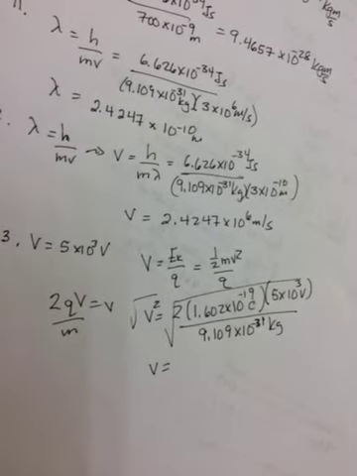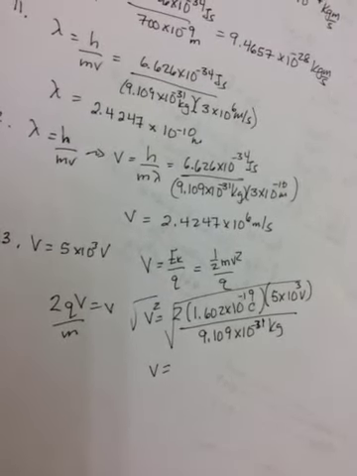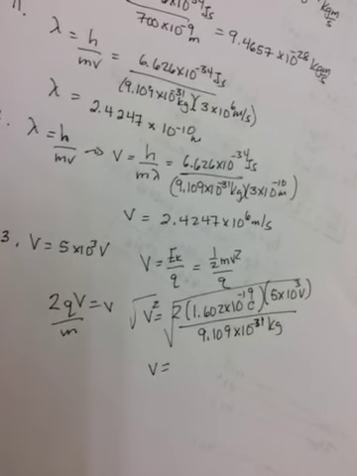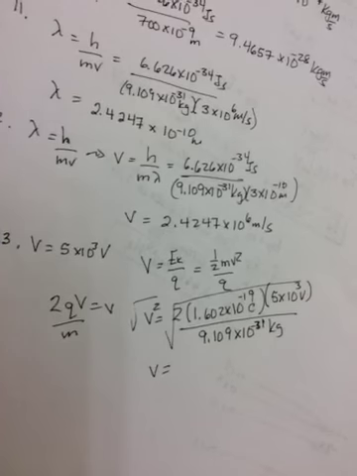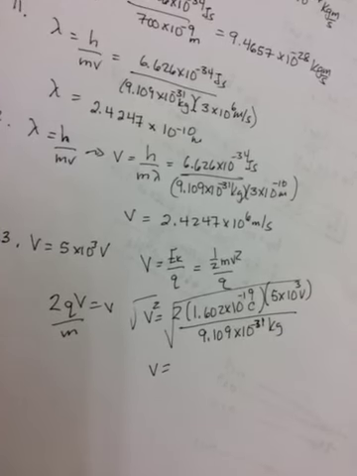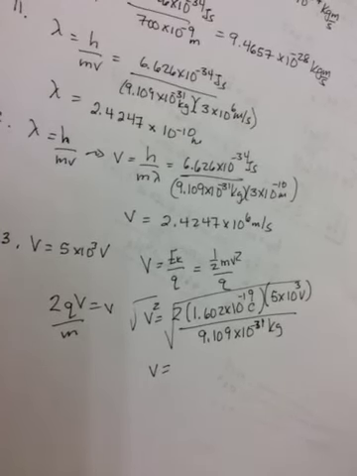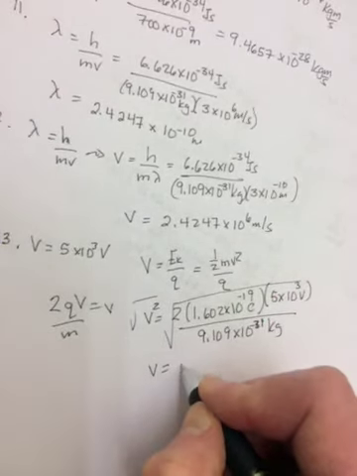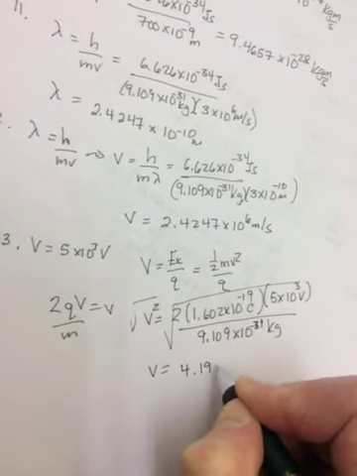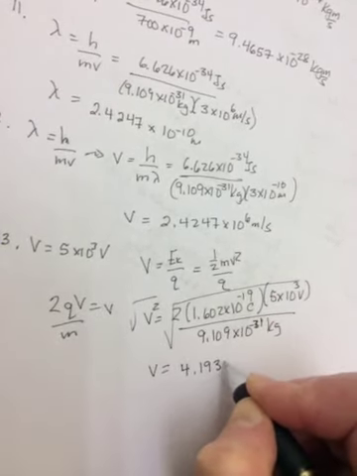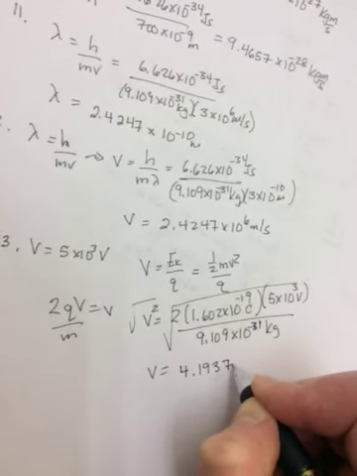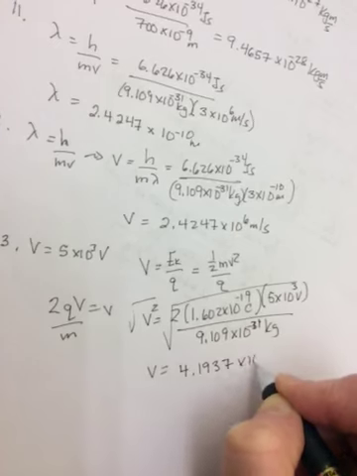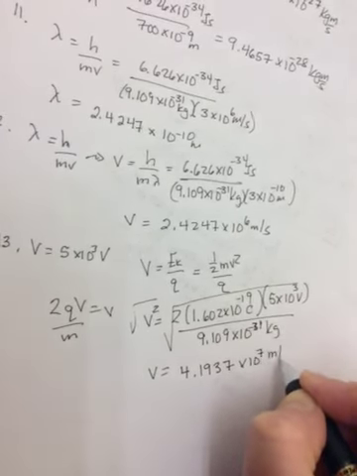So 2 times 1.602 to the negative 19 times 5,000 divided by 9.109 to the negative 31, and then take the square root. And you should get a speed of 4.1937385 times 10 to the 7th meters per second.